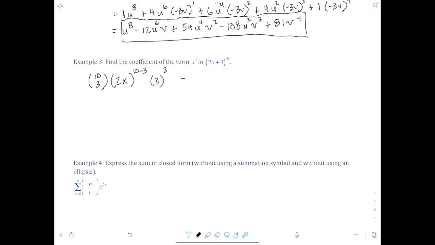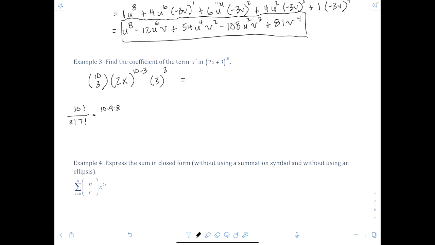And so 10 choose 3 is going to be what? 10 factorial over 3 factorial, 7 factorial, which will be 10 times 9 times 8.